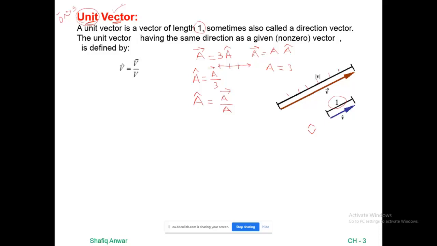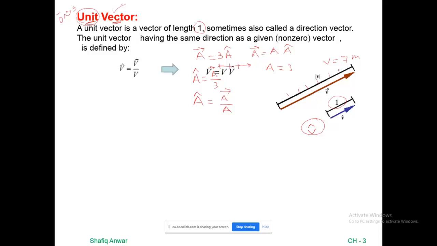This is an example. For example, you have 1, 2, 3, 4, 5, 6, 7. This is V vector, its magnitude is 7, for example, I say meter, right? And direction, this direction. And I use V cap unit vector. This is the vector showing the direction.